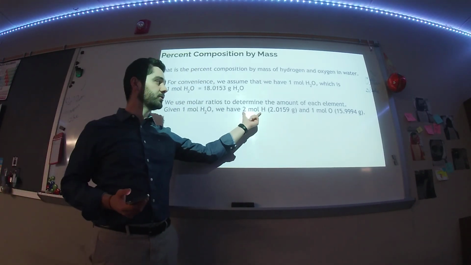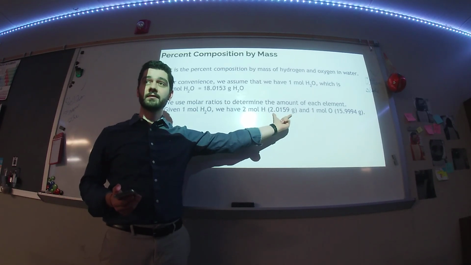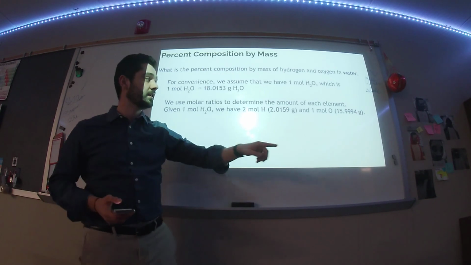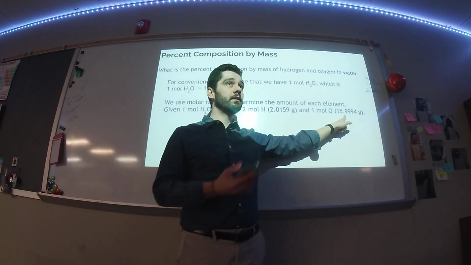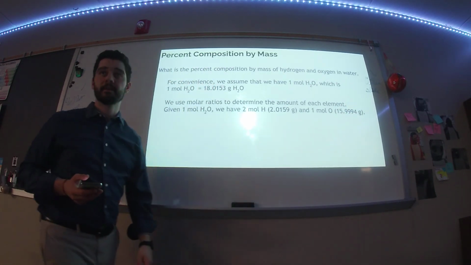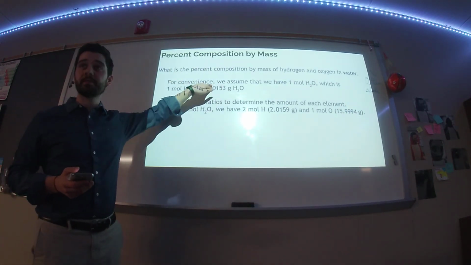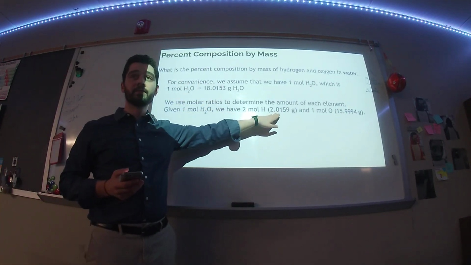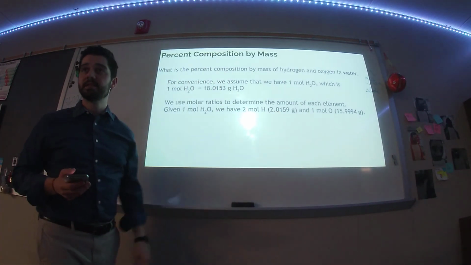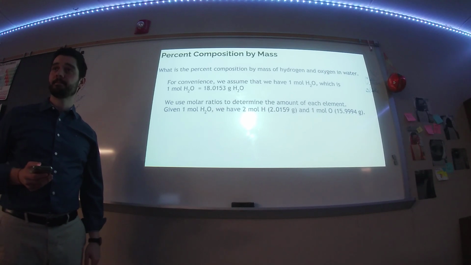And if I have 2 moles of hydrogen, I can figure out the mass of that. Based on the periodic table, I just take 2 times its mass. If I have 1 mole of oxygen, I just take 1 times its mass, which is its mass. Okay, so out of the 18 grams of water, about 2 of those grams is hydrogen atoms, and about 16 grams of it is oxygen atoms.